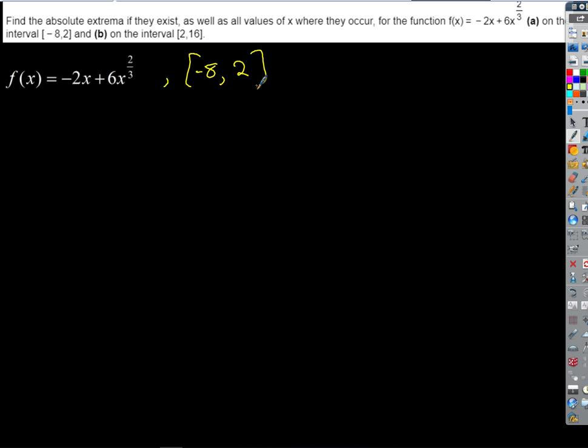So if we want to find absolute extrema, where can they exist? Critical numbers or endpoints. Good. To find critical numbers, what do we have to do? Differentiate. Good.